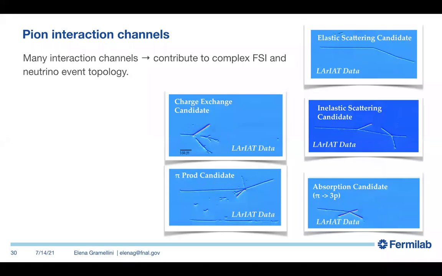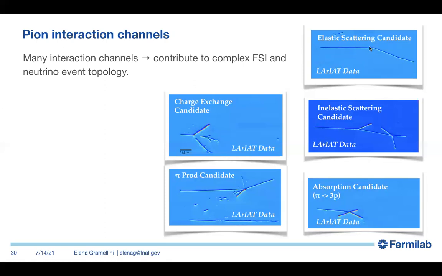So a pion in liquid argon has many interaction channels, and I'm showing you here all the ones that we can study in LArIAT. You can have a hadronic elastic scattering. I should say that in LArIAT and in ProtoDUNE, you're shooting charged particles, so you know what particles are coming in, and these event displays all show your pions traveling from left to right, as it should be.